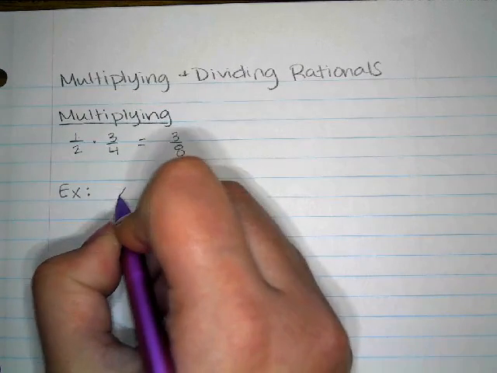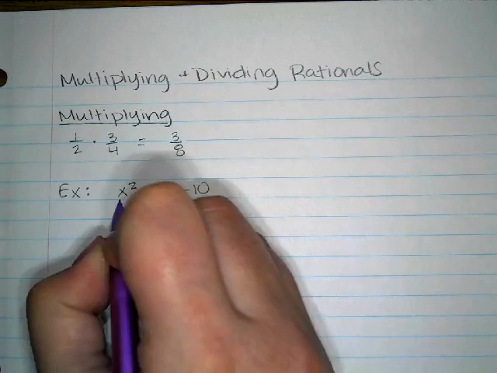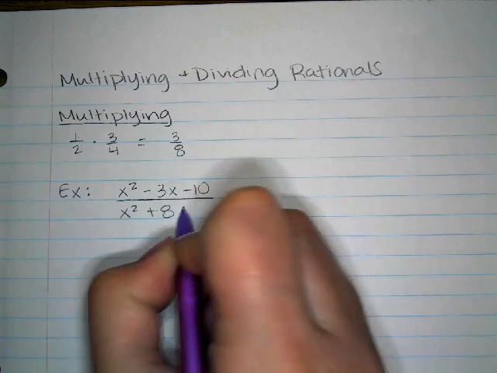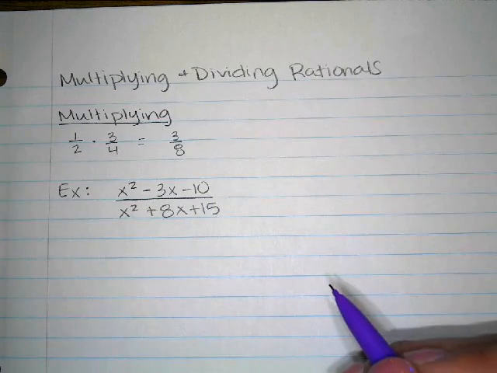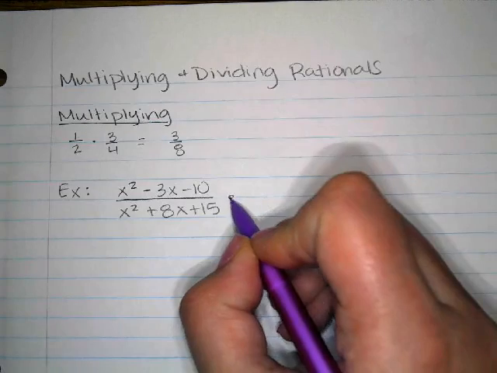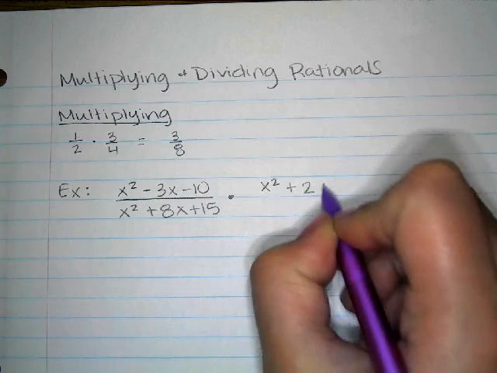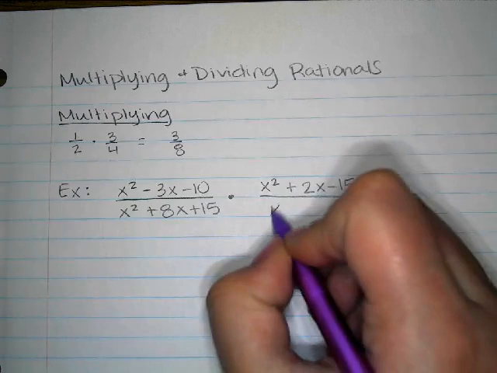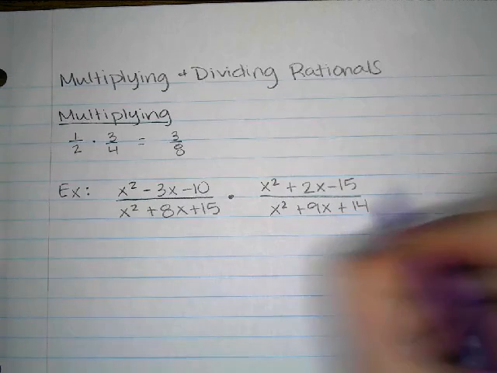So for the Math 3 version, instead of seeing something like x squared minus 3x minus 10 over x squared plus 8x plus 15, which could have been on your warm-up, just one fraction, today we're going to take that one fraction and multiply it by another fraction: x squared plus 2x minus 15 over x squared plus 9x plus 14.